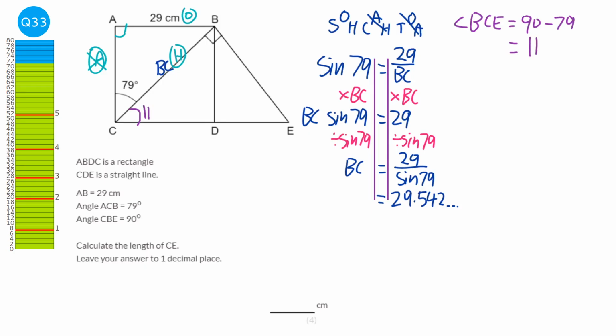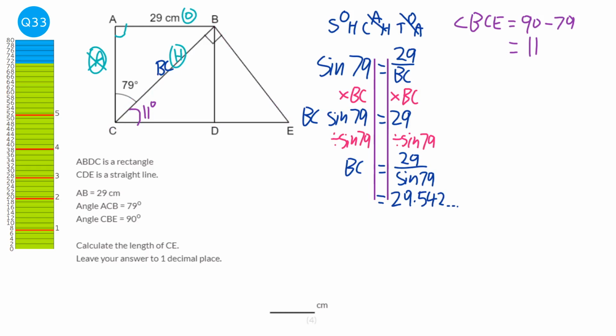So we know this is 11 degrees here. And we have enough information now to work out CE, because we've got this triangle here, and we've got this length here, the BC, and we've got this angle here. So we've got enough information now.